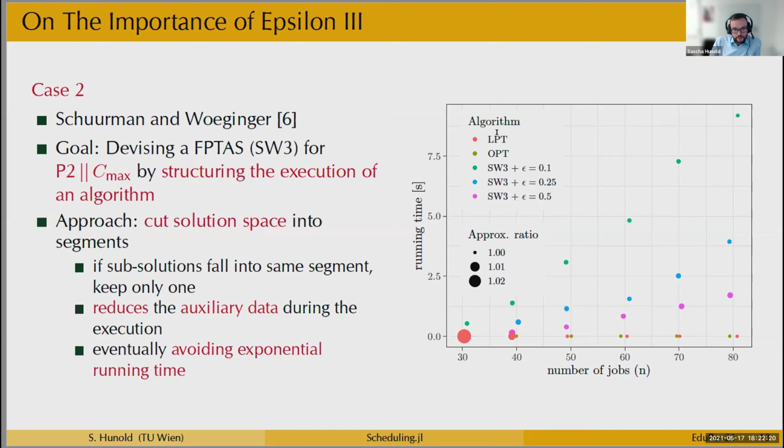And also that the LPT, which is some heuristic here, which provides you a larger bound, especially for small numbers of jobs, here the size of the circle denotes the approximation ratio for that instance. I mean, it's 2% off, but still, the point is you get a bit larger.